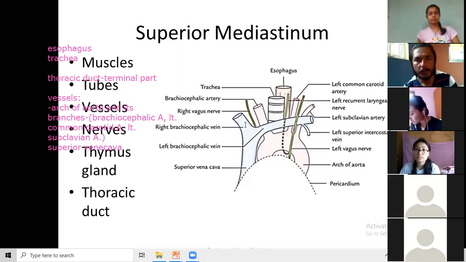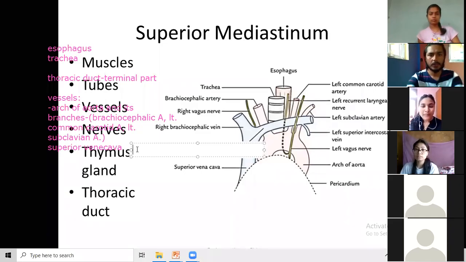See, this is the right brachiocephalic and this is the left brachiocephalic vein. So, the superior vena cava and its tributaries. What are the tributaries? I will write here.